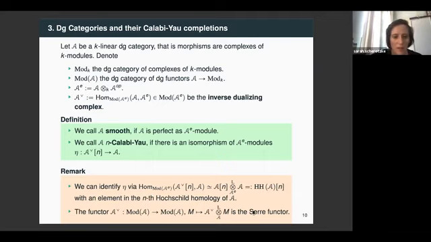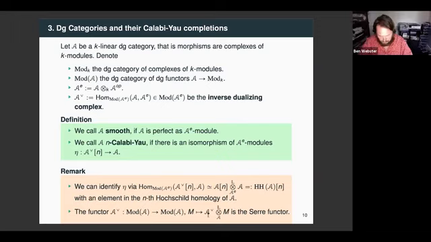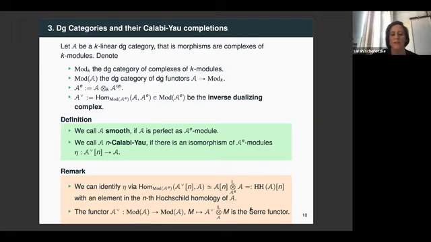So if A is n-Calabi-Yau, then the Serre functor in mod A is isomorphic to the identity functor, because tensoring with A is just the identity, shifted by n. So the Serre functor is the n shift in mod A.